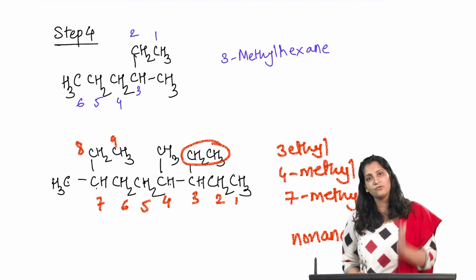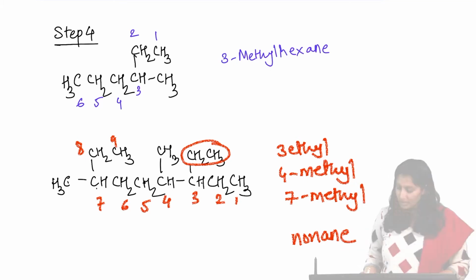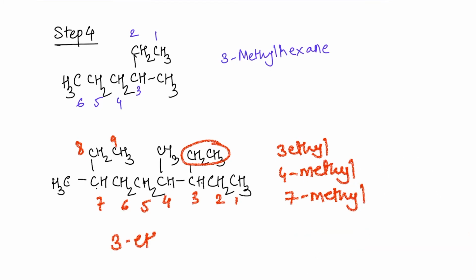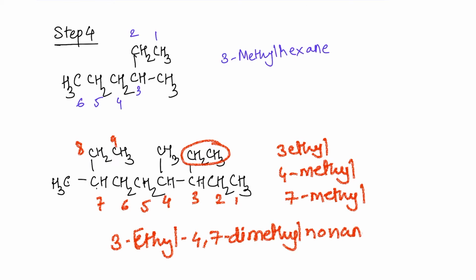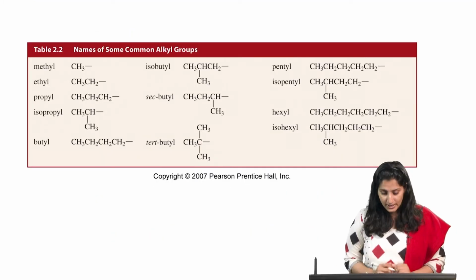So, 3 will come before 4 and 4 will come before 7. 3-ethyl, 4,7 dimethyl nonane.